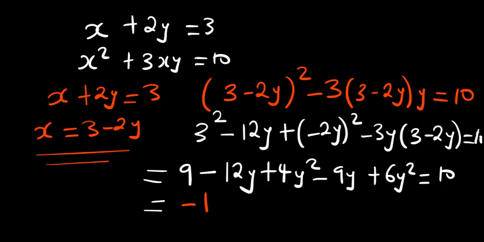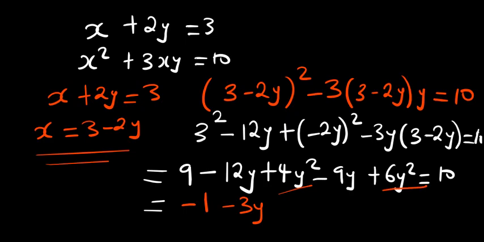Then I've got a negative 12y and a negative 9y. What is it going to give me? Negative 12y plus 9y. That will give us negative 3y. Then to the others, I've got a 4y squared, and I've got a 6y squared.